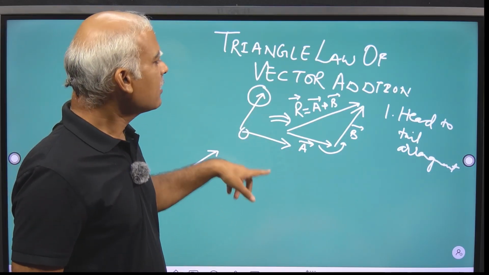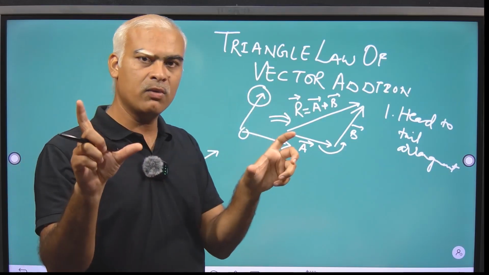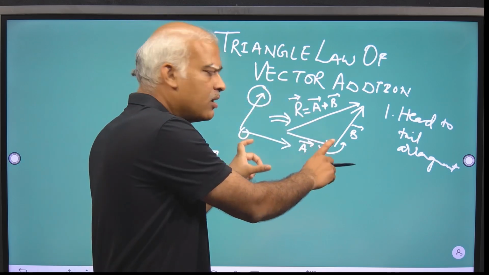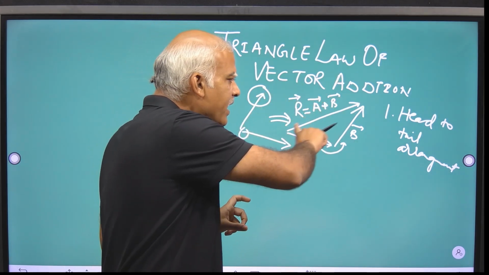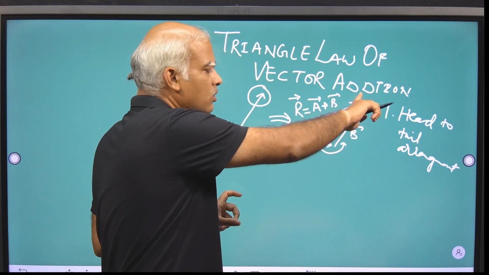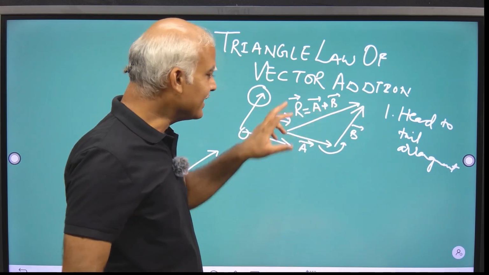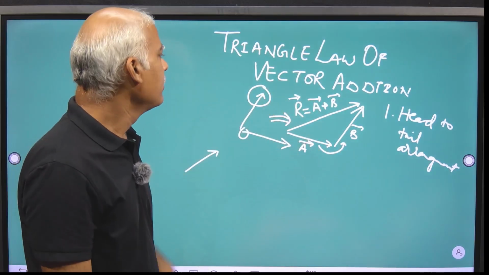If addition is taking place graphically, then simply take two vector quantities, choose a proper scale, draw them on graph paper and arrange them in a head to tail manner. The side which is completing the triangle, that third side, is basically the addition of these two vectors, right?